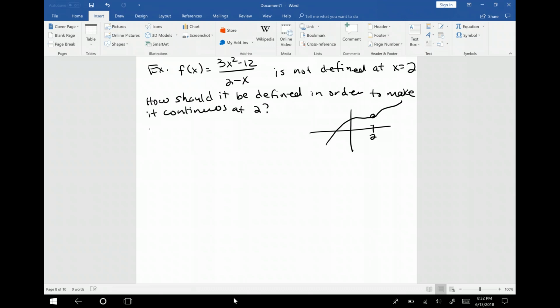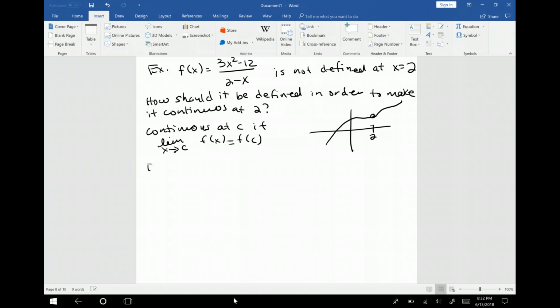Okay, so we know that it's continuous at c if the limit as x approaches c of that function is equal to f of c. That's just our definition of continuous. So we know that this function is discontinuous at 2.